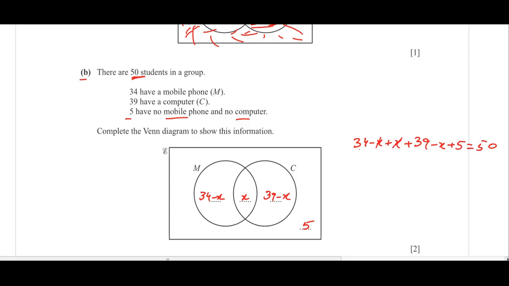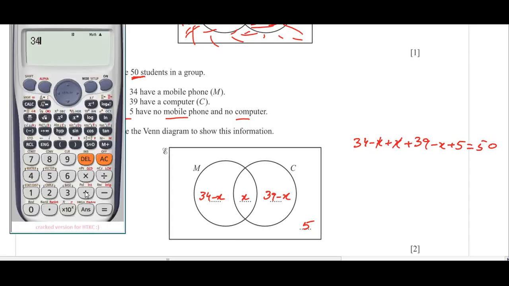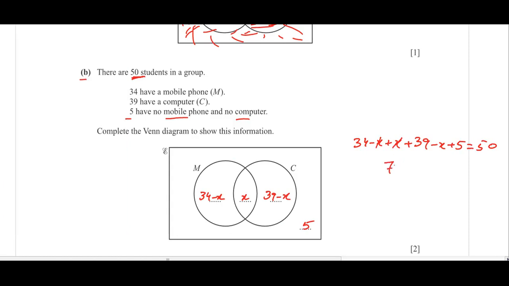X will cancel with X. 34 plus 39 is 73. 73 plus 5 will be 78. So 78 minus X is equal to 50.